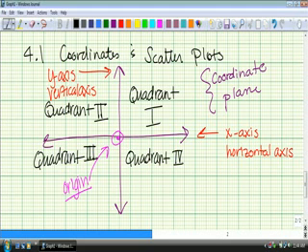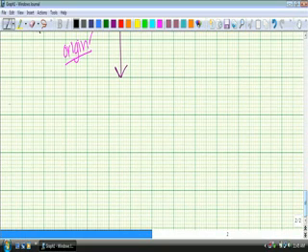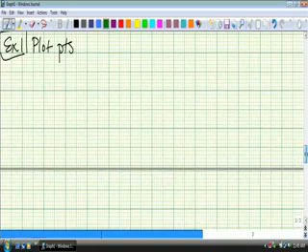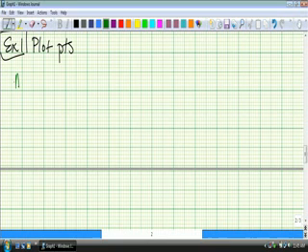Alright, so first example, we're going to graph some points. Plot points. Alright, so let me give you a list of points to plot. Point A is 2, 1.